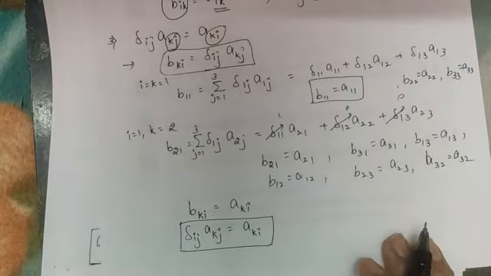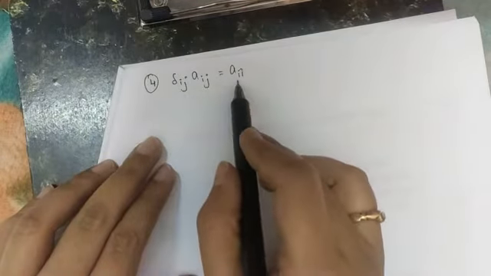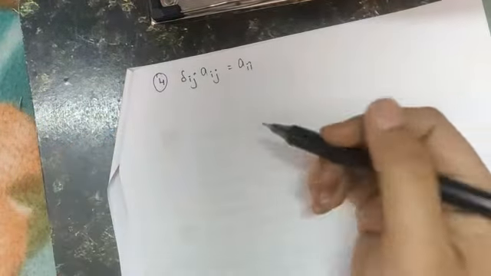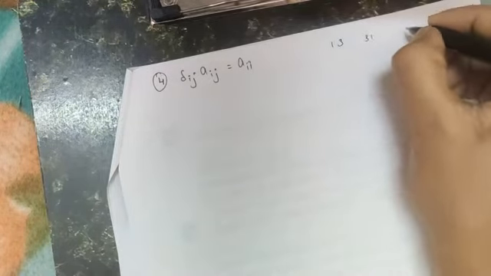Okay, now let's move to fourth property. Fourth property is delta ij aij is equal to aii. Okay, so in this case it is obvious that we don't want to prove for 13, 31, 12, 21, 23 and 32, right?